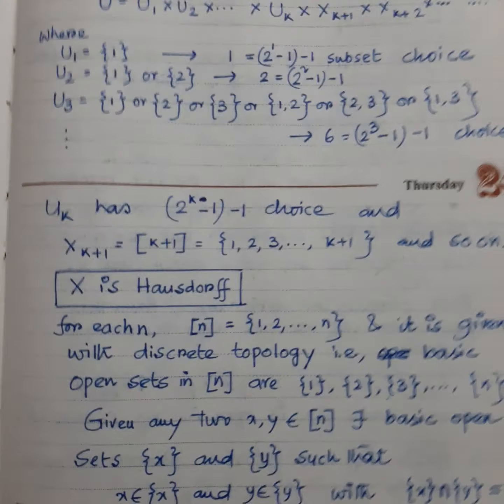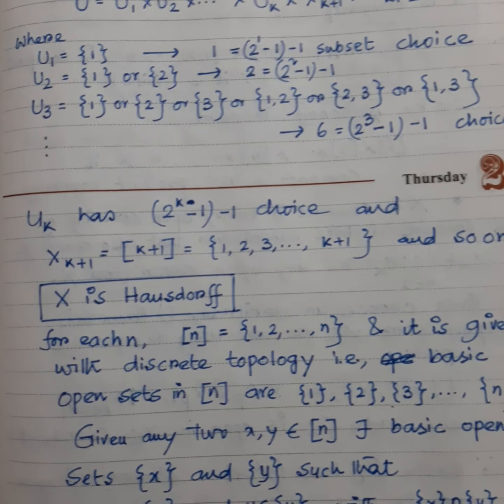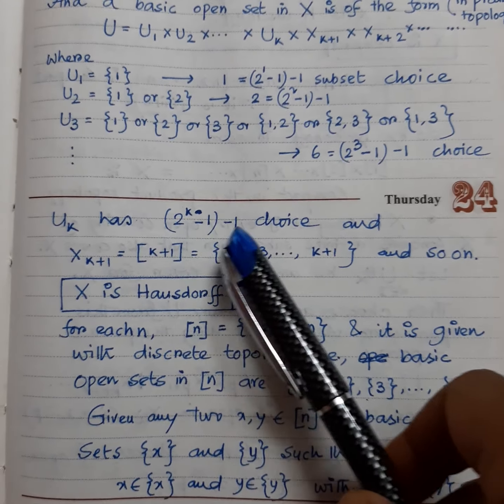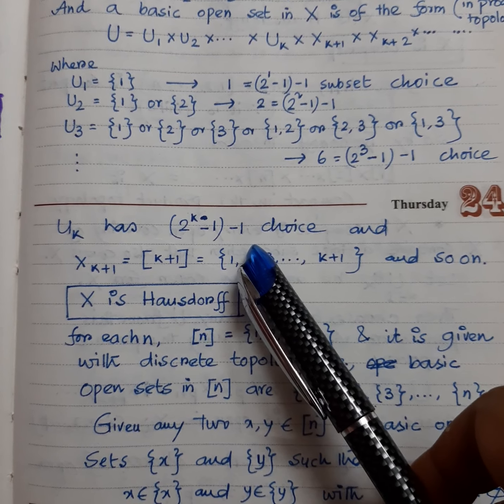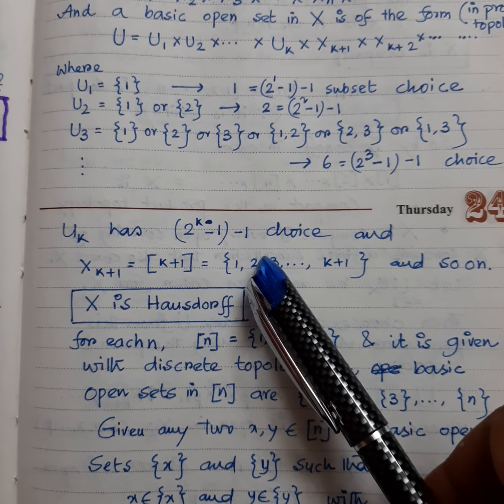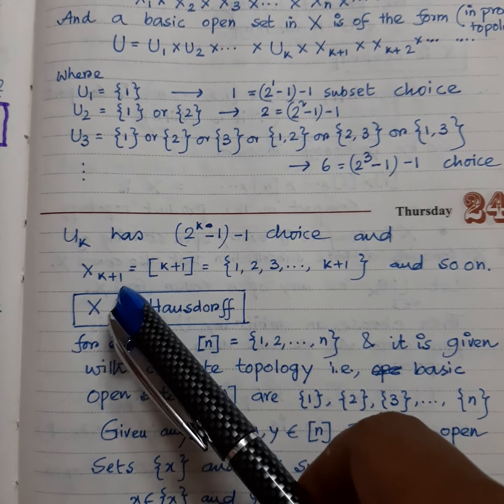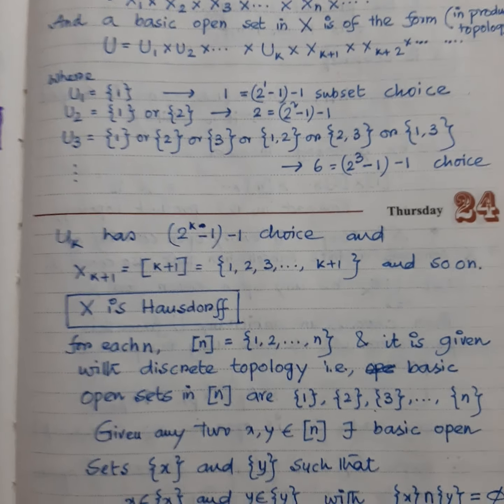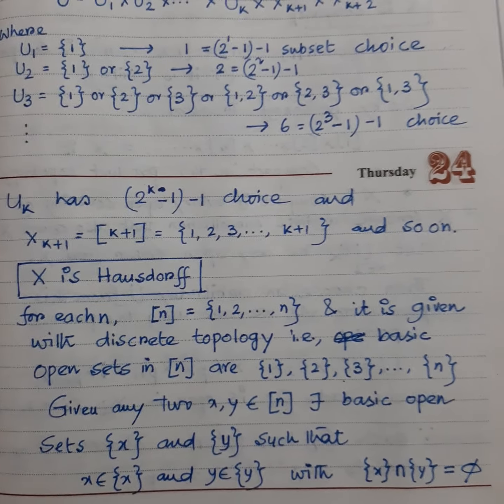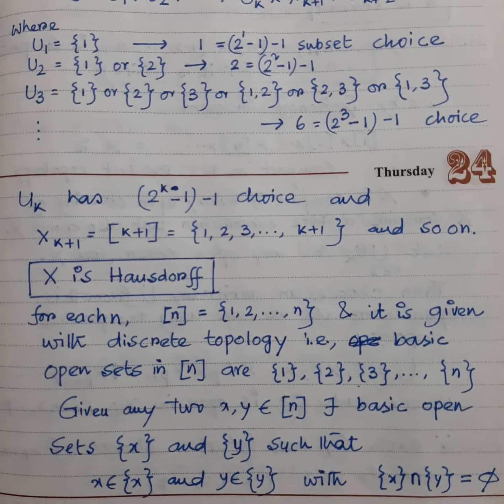In this way UK has 2^k minus 1 choices of open sets in xk, and after that X(k plus 1) is the whole space. Now first of all we prove that the set X is Hausdorff.